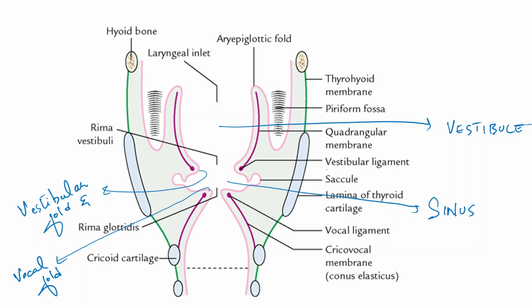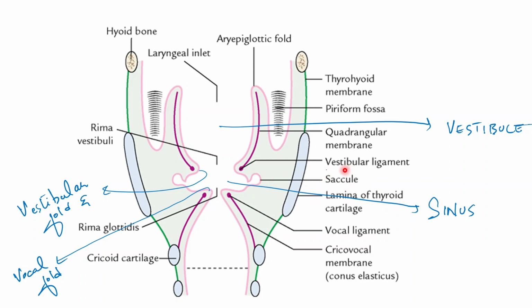So, the absence of the mucosal folds in this area allows the mucous membrane lining the cavity to project outward, making up the saccule of the larynx, which extends upwards and backwards to reach the lamina of the thyroid cartilage.